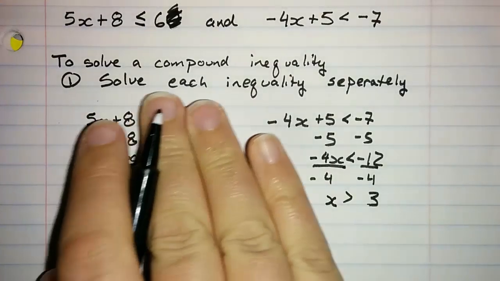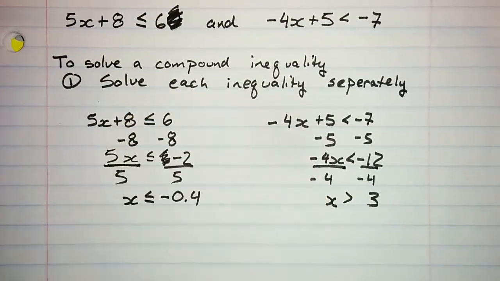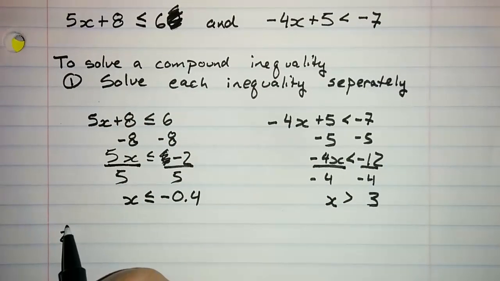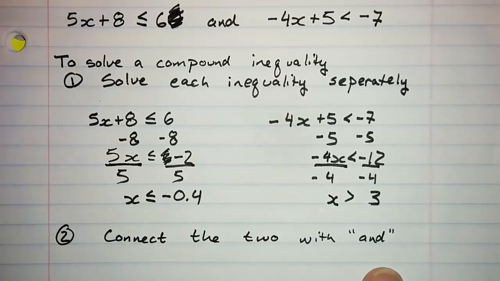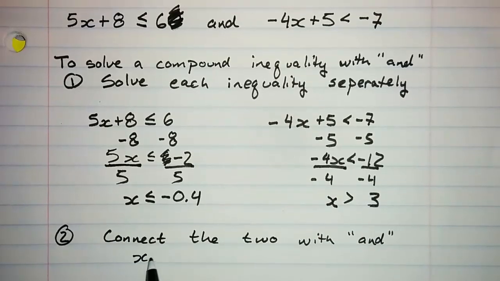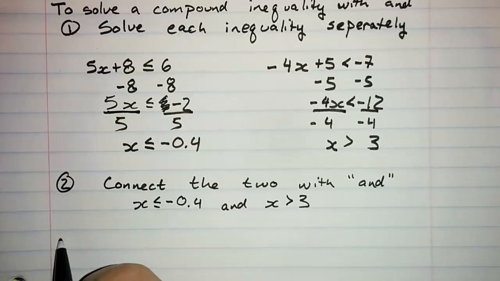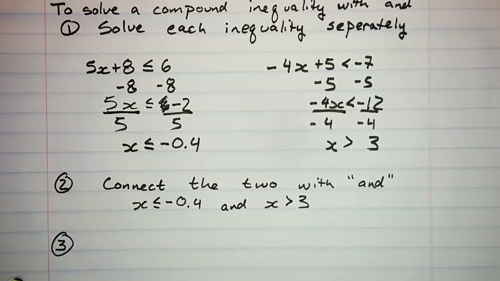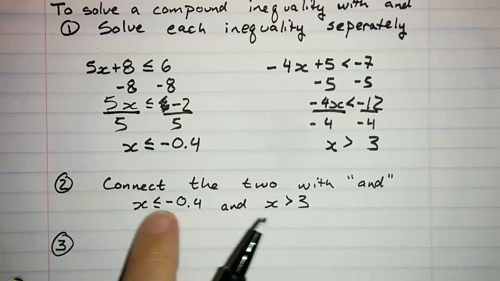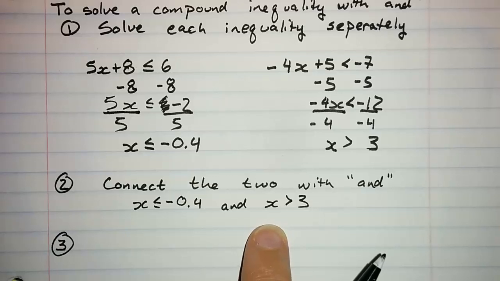All right, so now that I've solved each inequality separately, I do the second step. We connect the two inequalities with "and" in this case. So we have x is less than or equal to negative 0.4 and x is greater than 3. And then, well, maybe this is telling us too much, right?